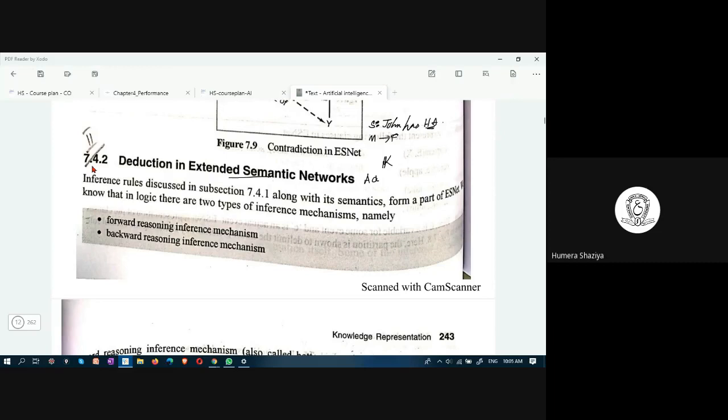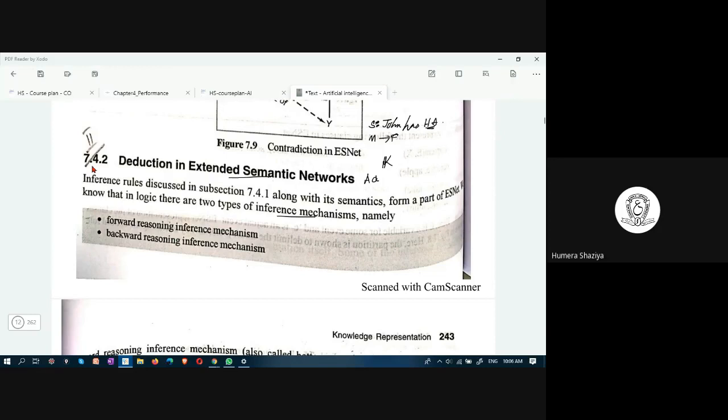There are two types of inference mechanisms. What are the types of inference mechanism? If you consider this John example again, when mother says John has headache, consider there are two statements.